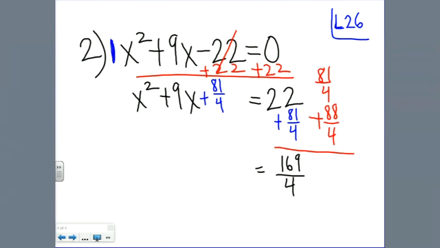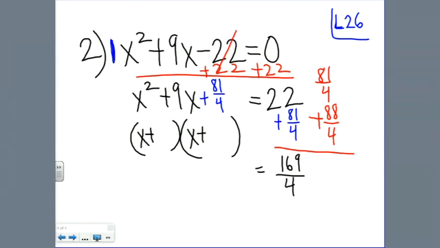Now, the left-hand side, although it does not look like a perfect square trinomial, it actually is one. So we can draw our two parentheses. And it's actually pretty easy to factor. What goes in the last two spaces is the square root of 81 over 4.